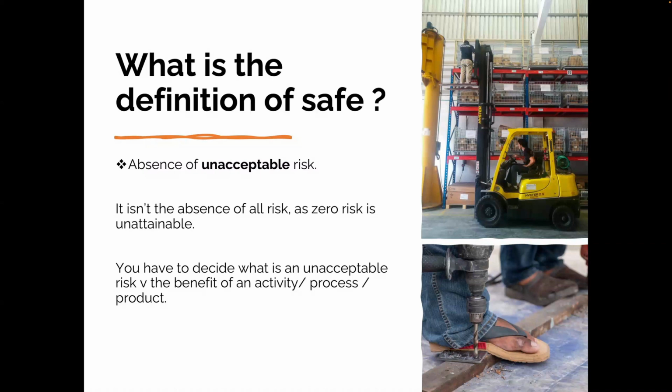So really, safety is in the eye of the beholder. You have to decide what level of risk you will accept. And that's a general concept within risk management: somebody has to decide what is good enough, in terms of how acceptable the risk can be or should be.